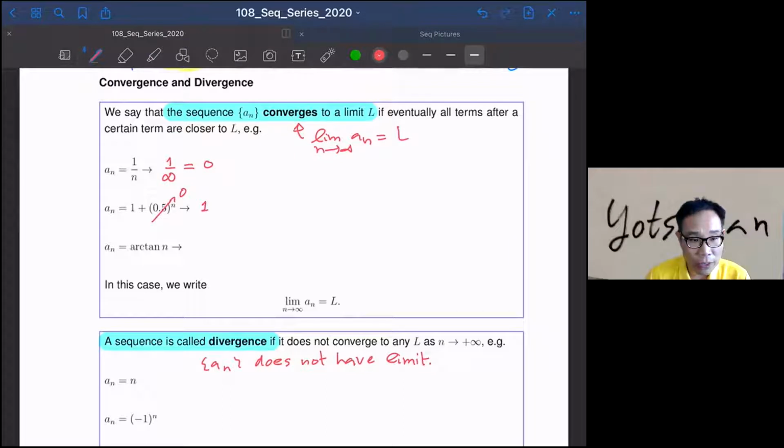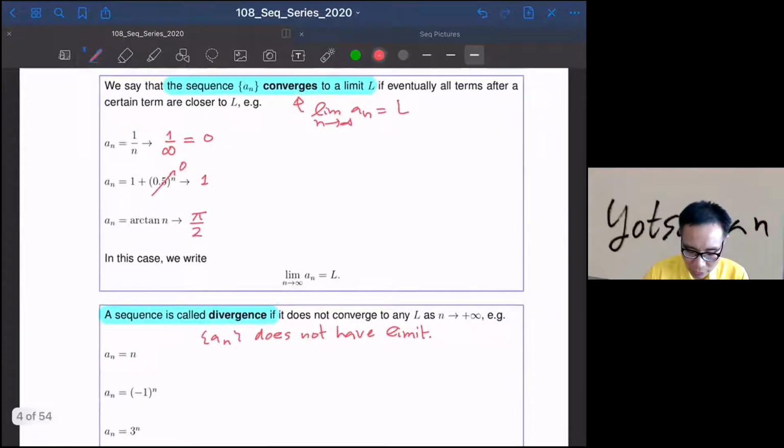And you have a_n equal to arctan n, so it's going to be pi over 2, like we did in the picture before. Okay, and in the convergence case, a_n is convergent.